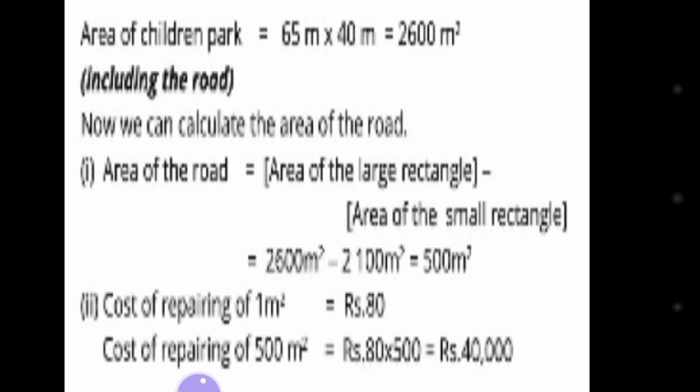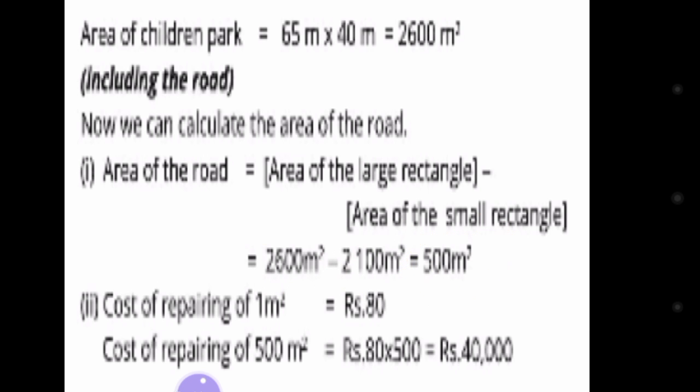Now calculate the area of the road. Area of the road is equal to the area of the large rectangle minus the area of the inner rectangle. That is 2600 minus 2100, we get 500 meter square, that is the area of the road.